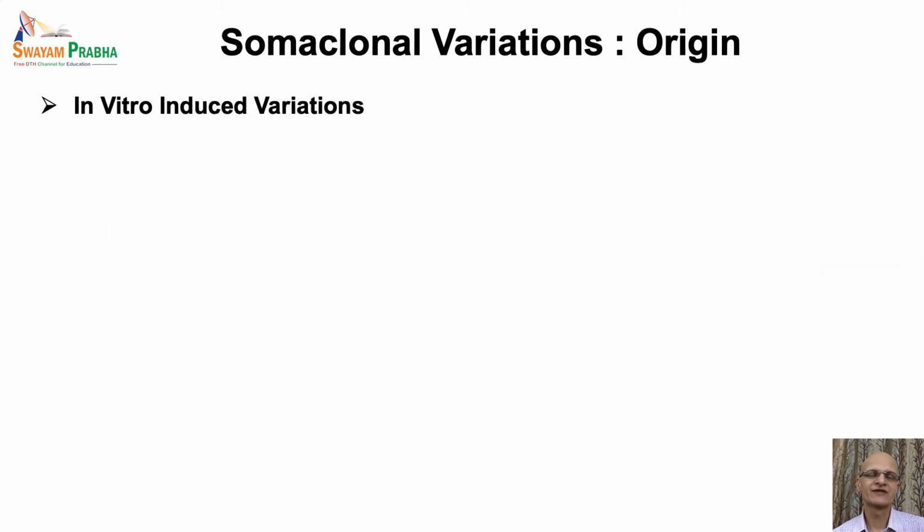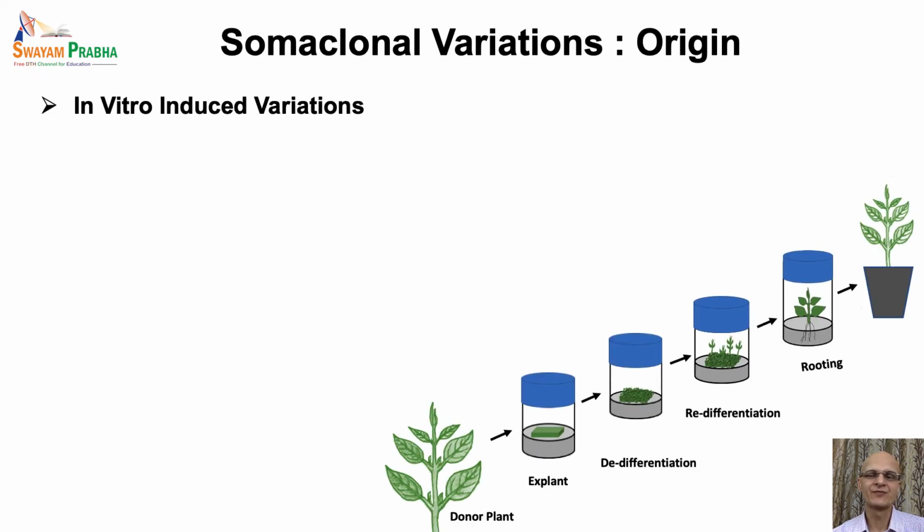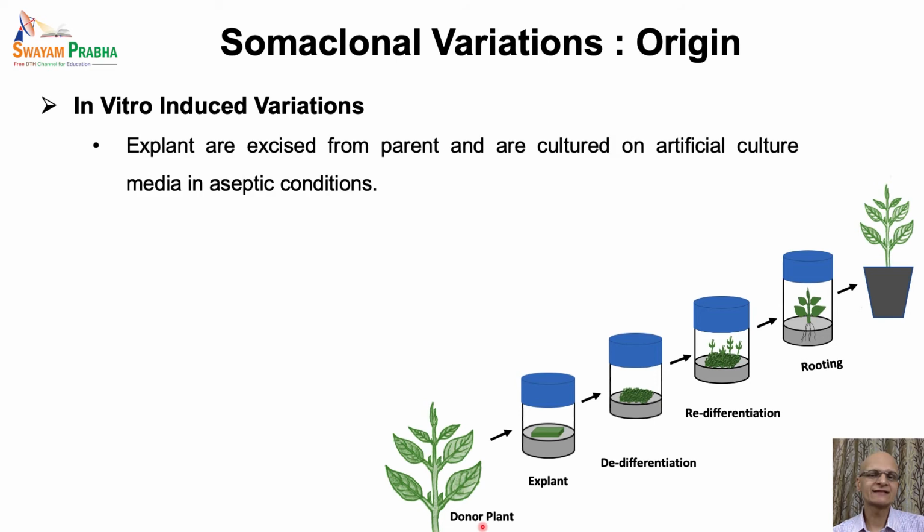The second source of these variations is the in vitro induced variations. By now, we have understood the in vitro regeneration process in previous lectures. We select the donor plant and a suitable explant to initiate the cultures. The explant is excised from the parent plant and incubated on suitable nutrient media under aseptic conditions.